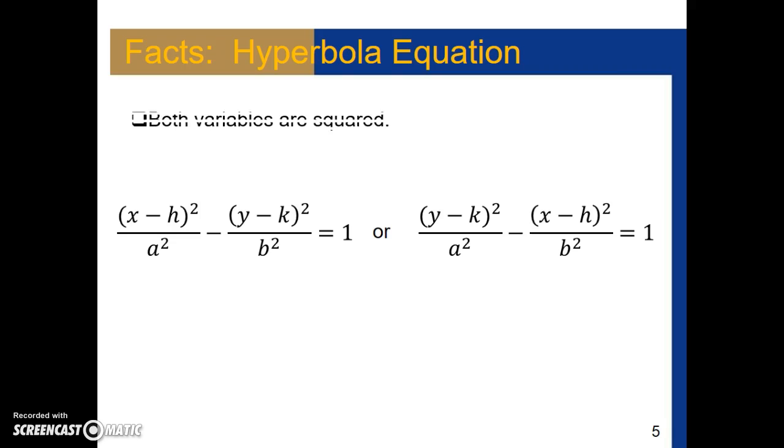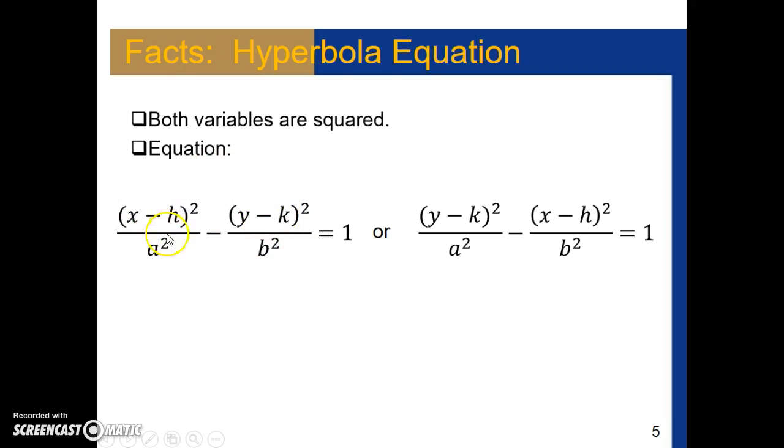So here's the general form for the equation of a hyperbola. One thing that we are going to have to watch here, and this will make a difference: since the ellipse has a plus sign, it really didn't matter which one was listed first and which one was listed second.